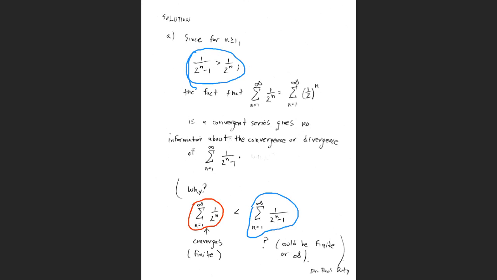But the fact that the geometric series converges and has a finite sum doesn't tell us anything about the sum of the larger series. The sum could be finite, but it could also be infinity. So the comparison test does not work here. The comparison test will not work.